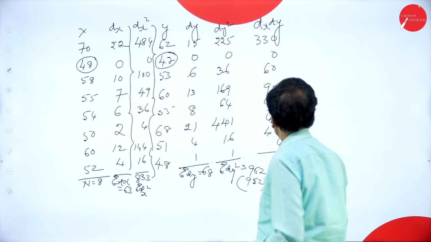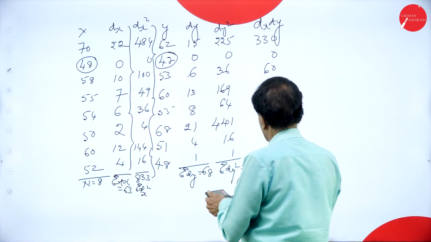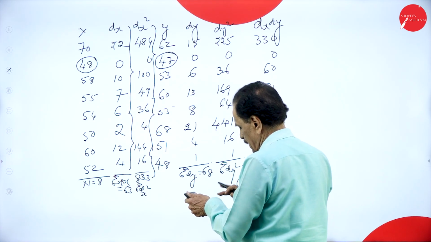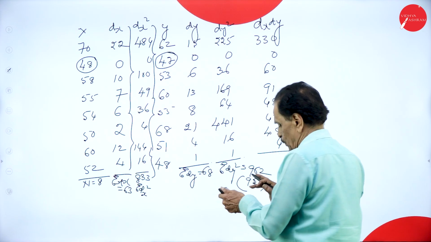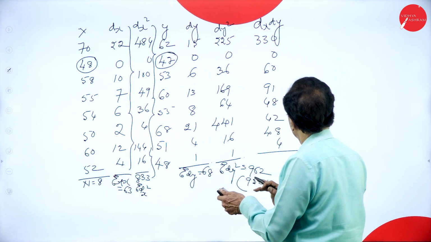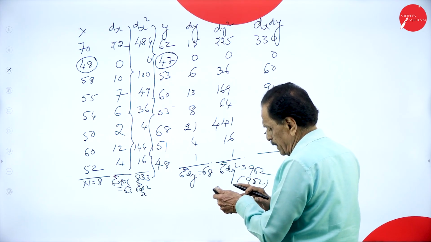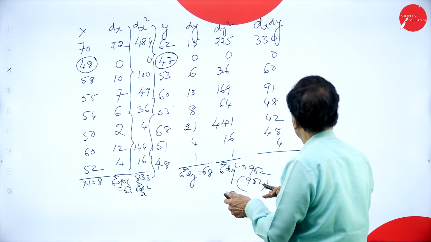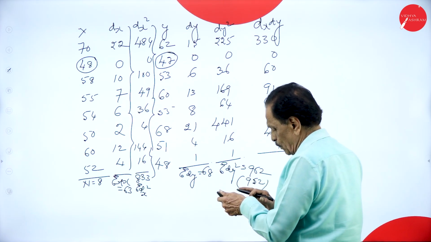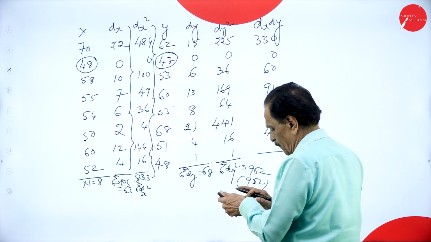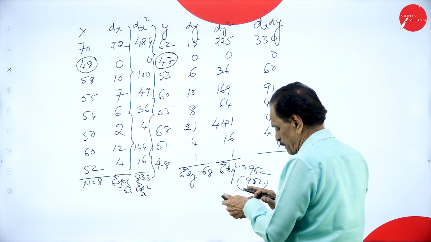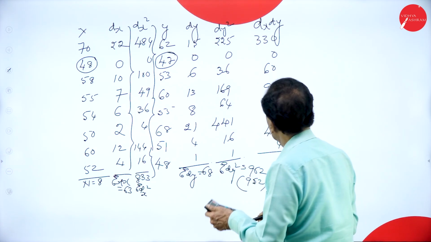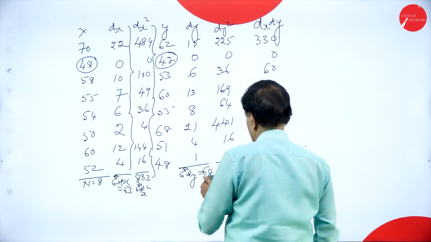Then add: 330 plus 60 plus 91 plus 48 plus 42 plus 48 plus 4 is 623.